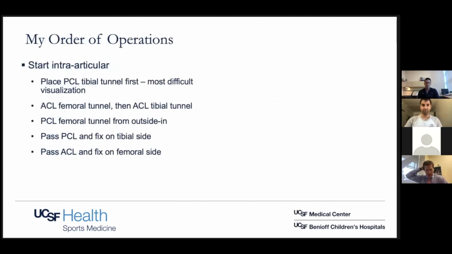All right, and then my order for doing a case like this. Start intra-articular, and the PCL tibial tunnel has the most difficult visualization. As soon as you start putting in tunnels, the fluid will leak out and there will be less visibility, so I would put that first. Then I'll place the ACL femoral tunnel, and then the ACL tibial tunnel.